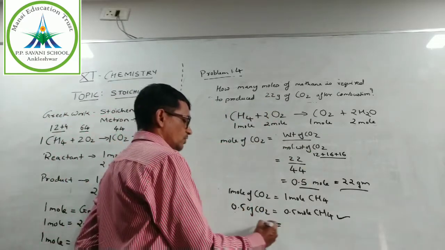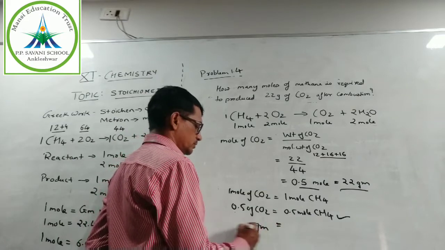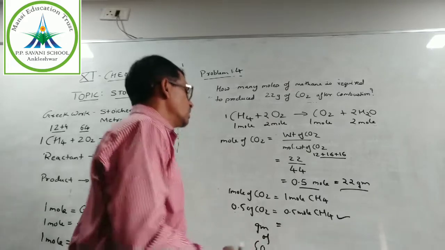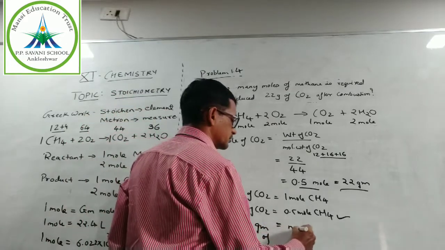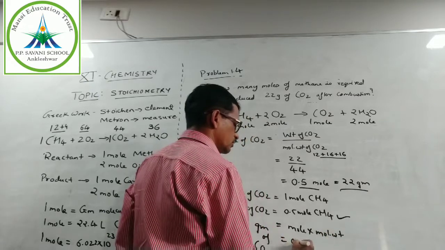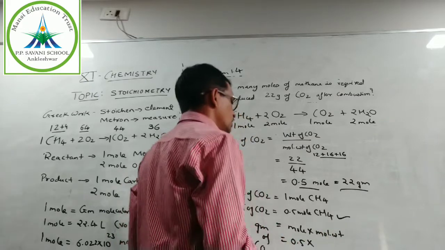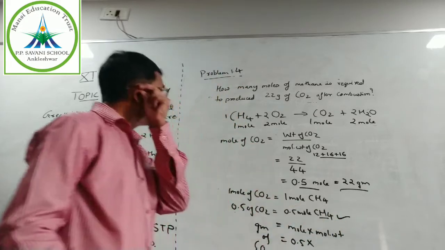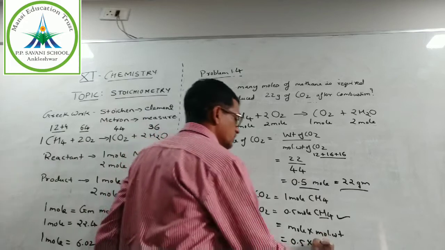So if you want to find the grams, grams is equal to mole multiplied by molecular weight of that particular substance. Mole is 0.5 multiplied by molecular weight of methane. Carbon 12 and hydrogen total 4, so it is 16.